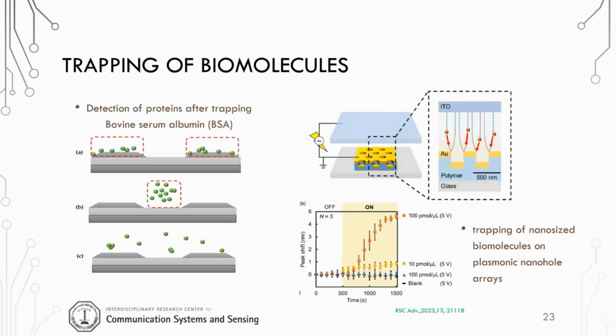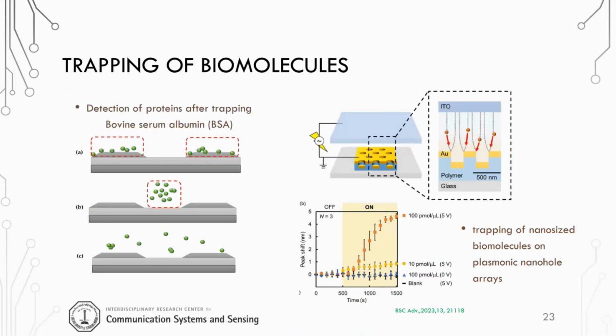This is the trapping of nano-sized biomolecules on a plasmonic nanohole array. Looking at the result at 1000 biomolecules per microliter, but at 0 volt, the sensitivity of the system is very low, if you see the red triangle here.